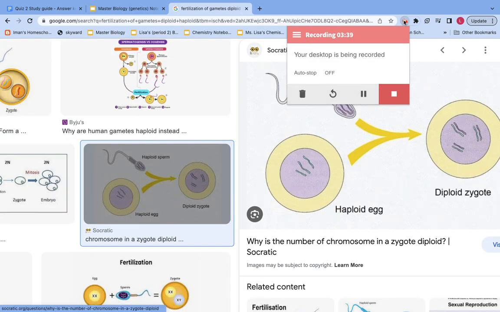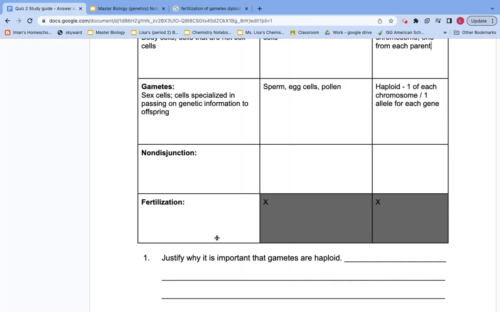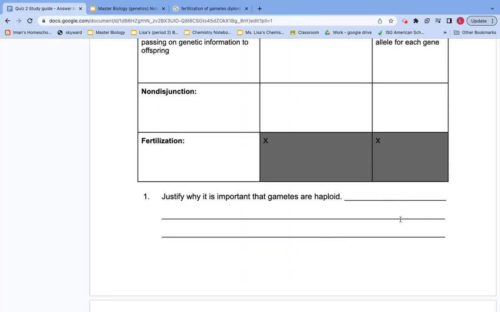So as you can see here, we have a haploid egg cell that's being fertilized by a haploid sperm cell. So one copy of each chromosome. When these come together in fertilization, it produces a diploid zygote. So now we have 2 of each chromosome, one paternal and one maternal. So if we go back here to our study guide and say, why is it important that gametes are haploid?